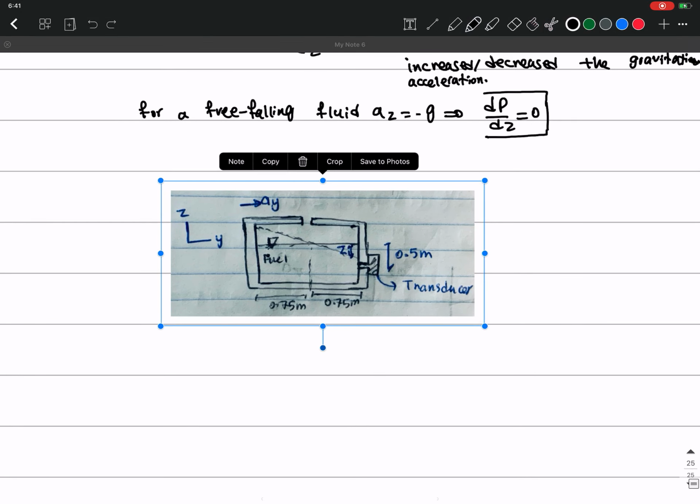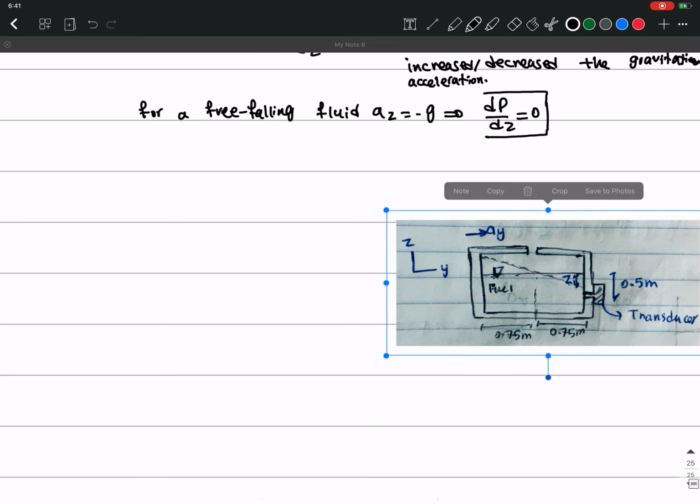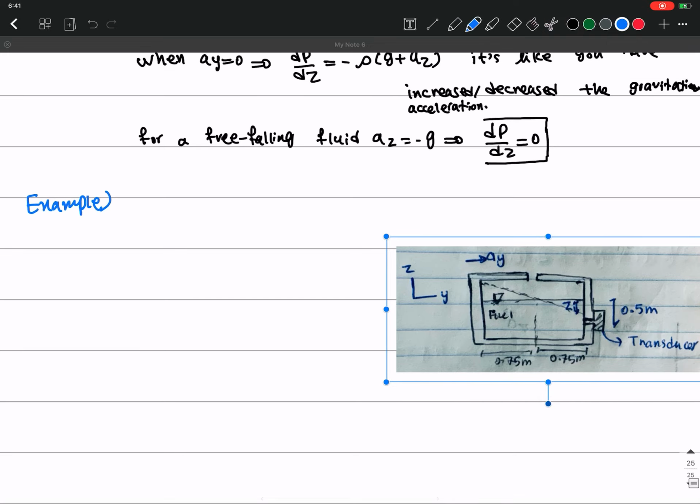So now let me solve a short example for this rigid body motion in fluids.